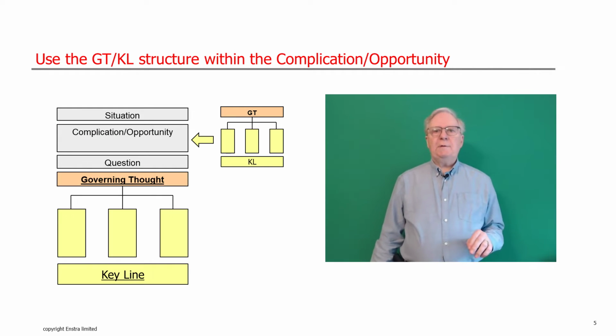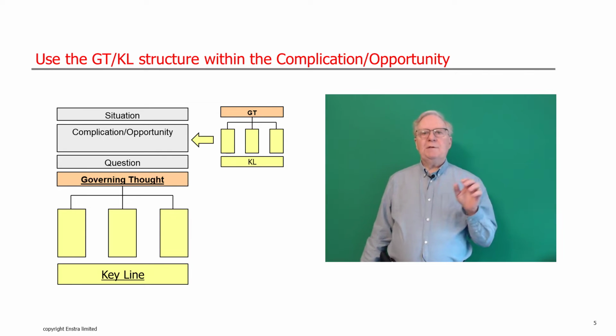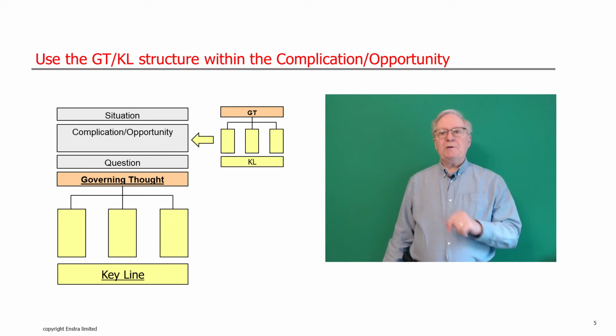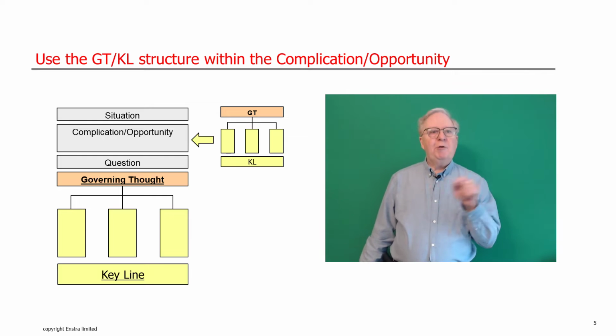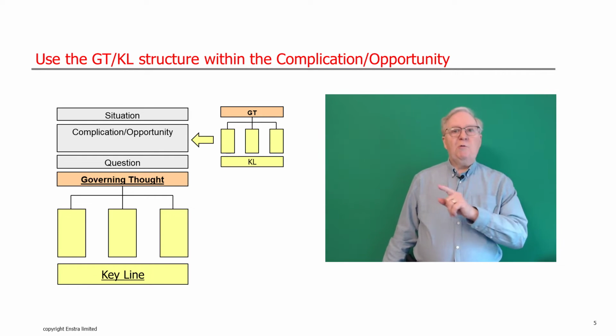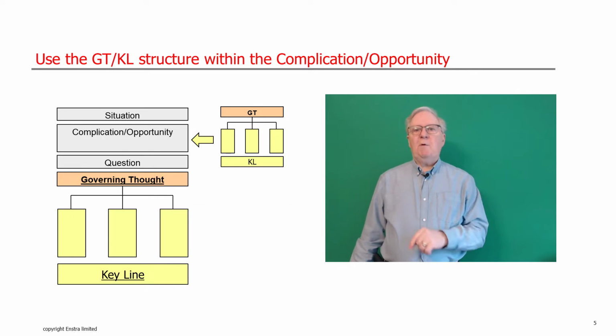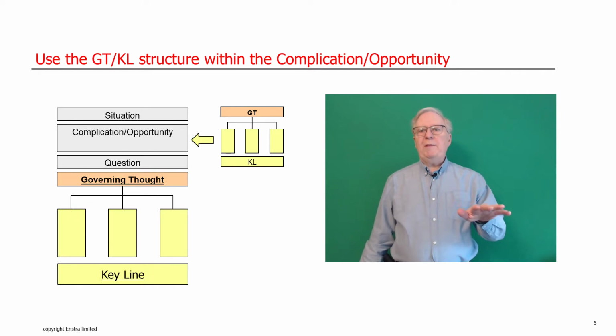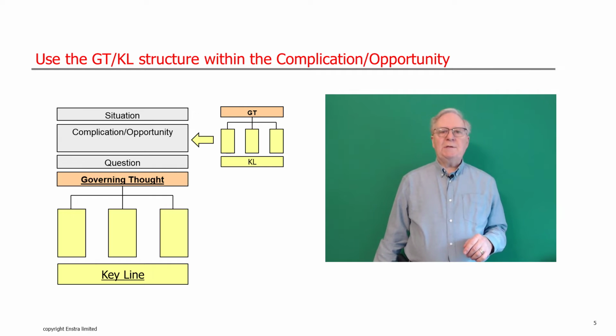All you need to do is deploy the governing thought and key line structure in your complication opportunity if you need to prove it in the eyes of your audience. You know that nested hierarchies of logic work, so simply deploy them to prove your complication or opportunity.